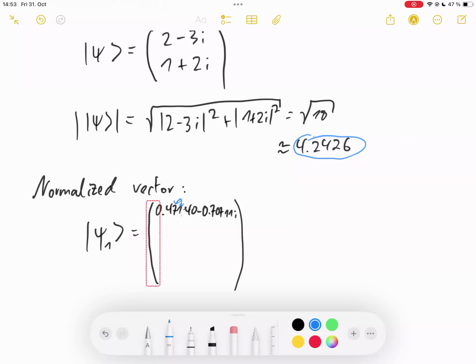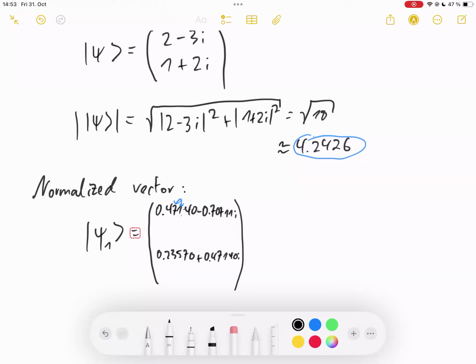But the other one is correct. Then the next one would be something like 0.23570 plus 0.47140i, something like that.